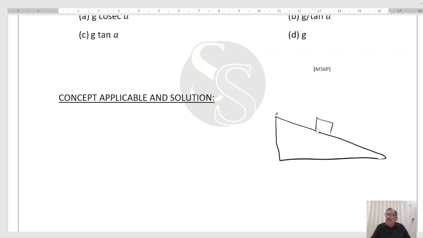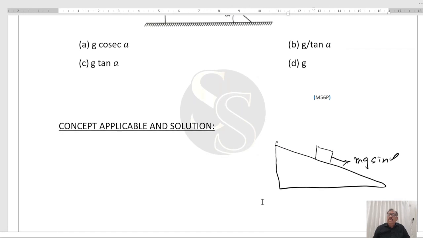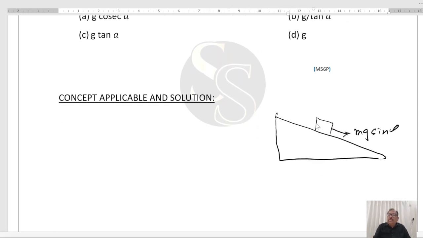I am drawing only the forces which are acting along the plane. Mg sin theta always acts down the plane. And this is moving in this direction, so the pseudo force will act in the opposite direction.